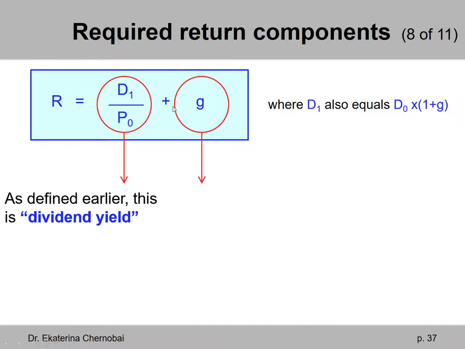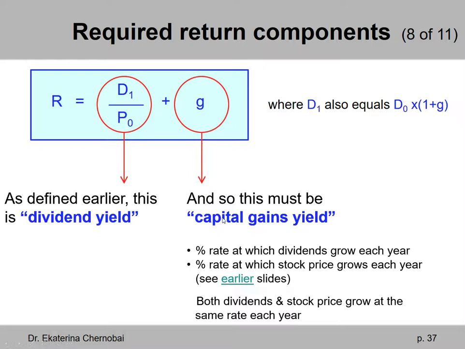Now, what about the second component of the return? We've just learned that the second component is called the capital gains yield. Remember, the total return on your money when you buy shares of stock equals dividend yield plus capital gains yield. So these must be the names for these two components. The first one was obvious, dividend yield.